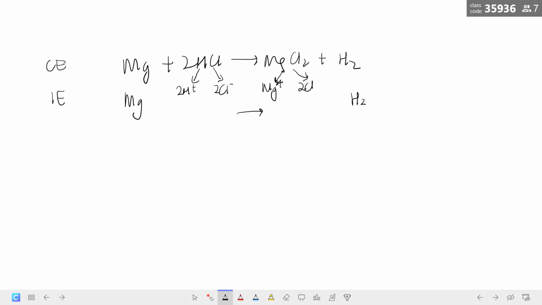Then you cut off the ones that are similar, which is 2Cl minus on both sides. So you cut off the one at the reactant and the one in the product. You can ignore everything else in the product and only look at your reactants, and you'll see there is your hydrogen ion and your magnesium. So the whole thing is between those two particles.